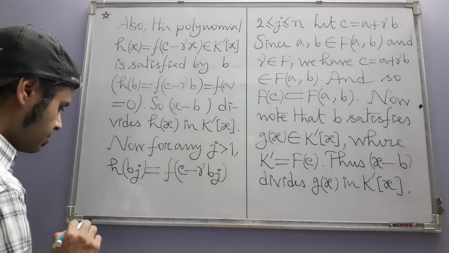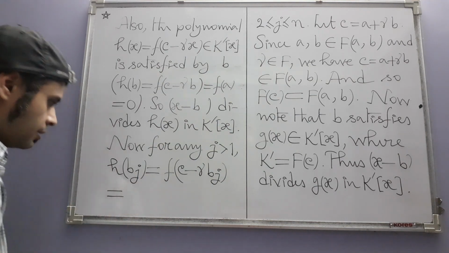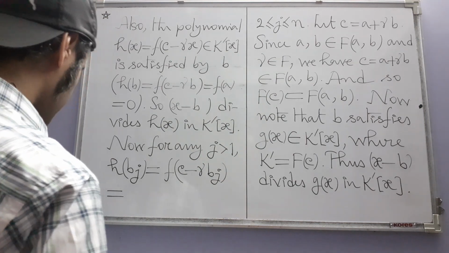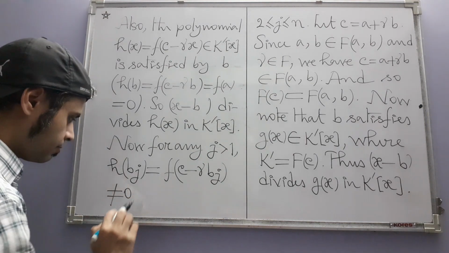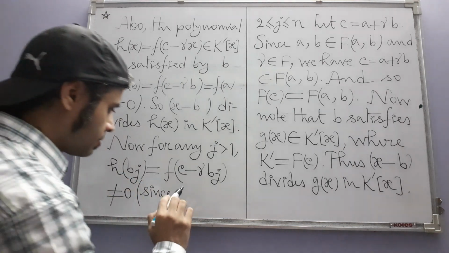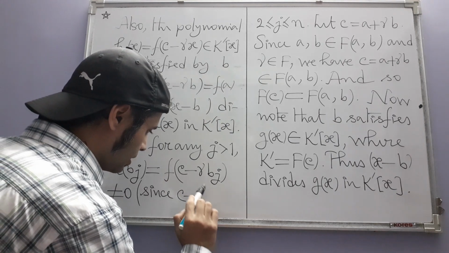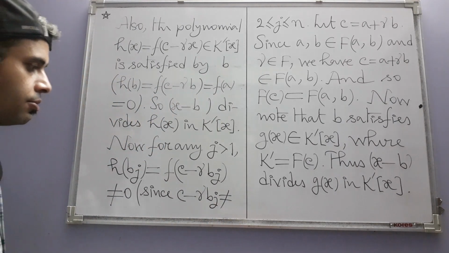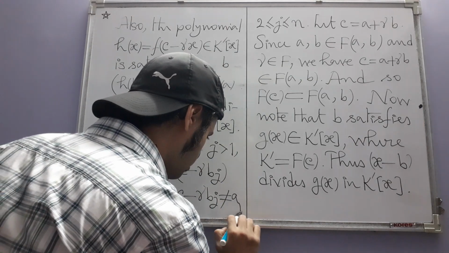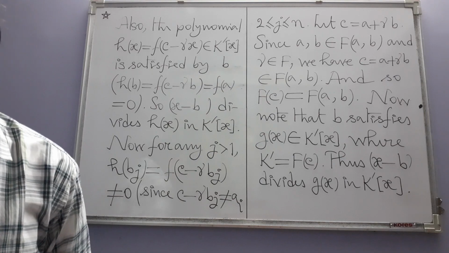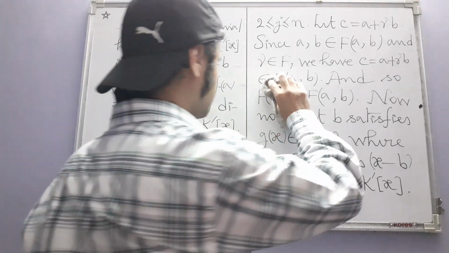And this is not equal to 0, since c minus gamma bj is not equal to ai for all i in the range.